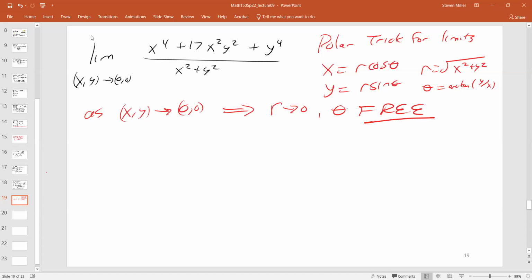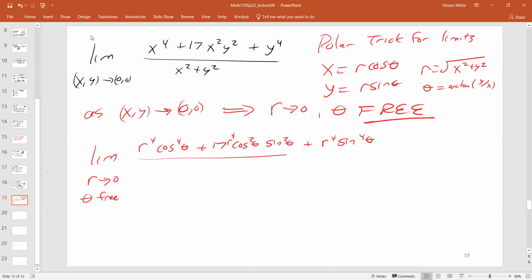And so now, this is the same as, let's look at the limit as r goes to 0, theta is free. x to the fourth is going to become r to the fourth cosine to the fourth theta plus 17 cosine squared theta sine squared theta plus, sorry, there's an r to the fourth here, plus r to the fourth sine to the fourth theta over r squared.